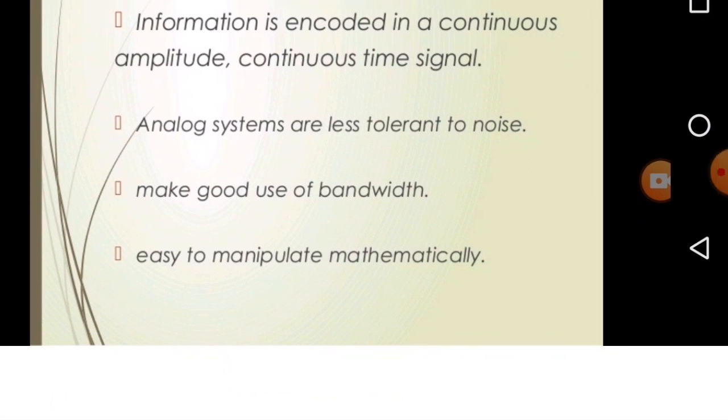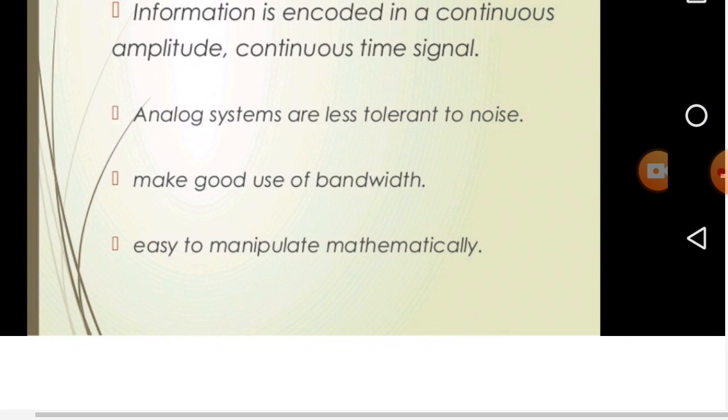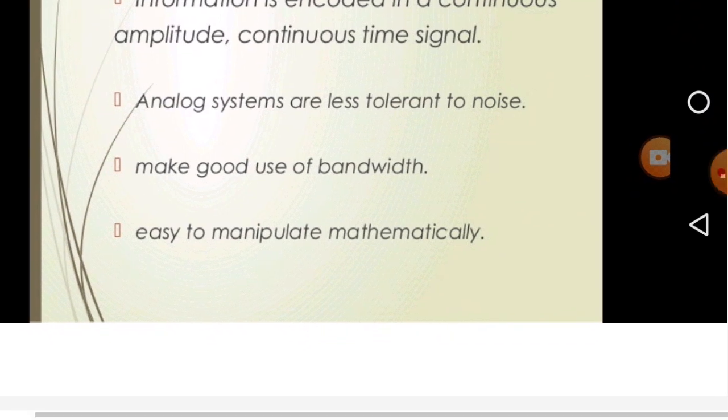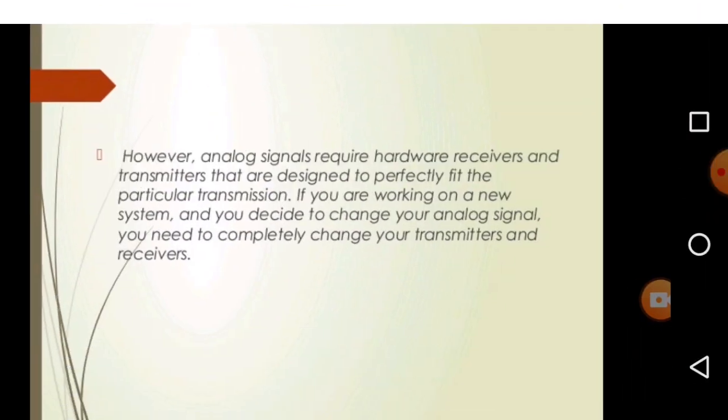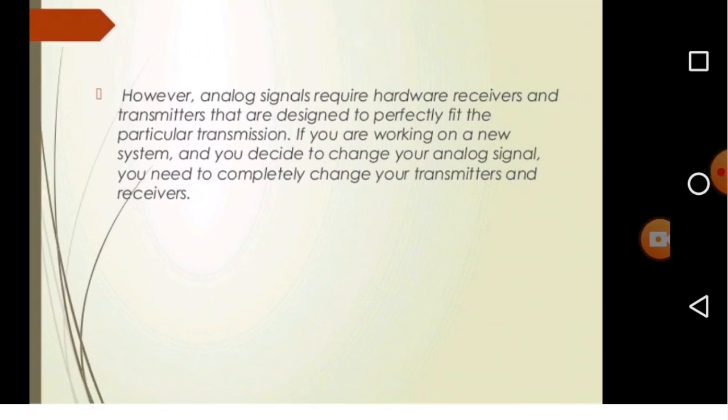Analog systems are less tolerant to noise. Make good use of bandwidth, easy to manipulate mathematically. However, analog signals require hardware receivers and transmitters that are designed to perfectly fit the particular transmission. If you are working on a system and you decide to change your analog signal, you need to completely change your transmitters and receivers.